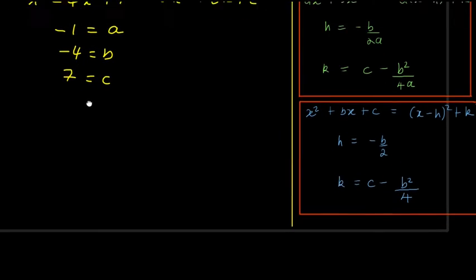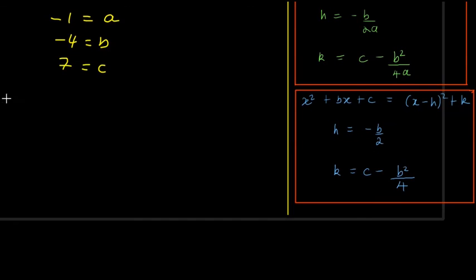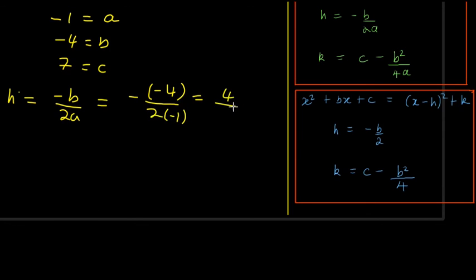Now we find the value of h, which is minus b over 2a, which is minus minus 4 over 2 times minus 1. This will give us 4 over minus 2, which is minus 2.